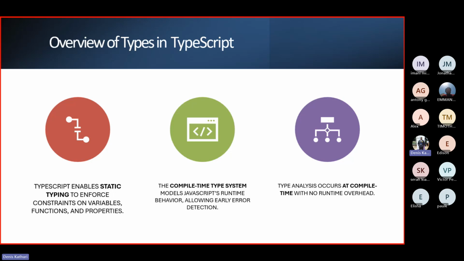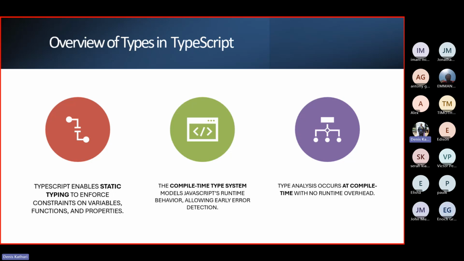And TypeScript's static compile-time type system closely models the dynamic runtime type system of JavaScript. And the static compile-time type system enables you to accurately express the type relationships that are expected to exist when your program runs.